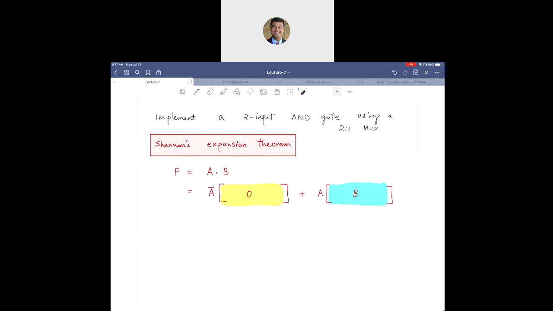And that's it. This would become my top input, and this would become the bottom input for the 2:1 mux.